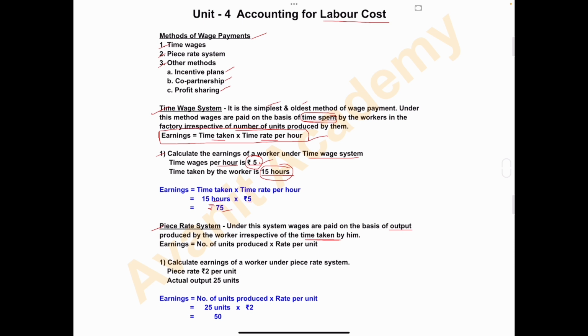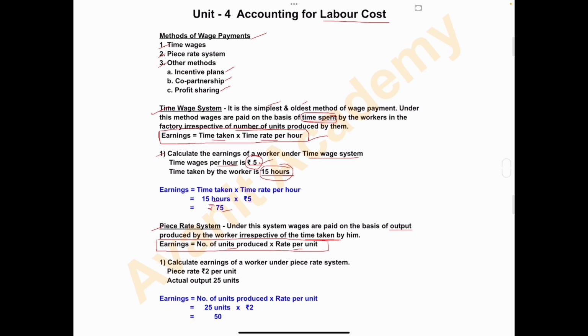But in piece rate system, the importance is given to output, number of units produced, and not on the time spent by the worker. So here is the formula to calculate the earnings under piece rate system. Earnings is equal to number of units produced into rate per unit.